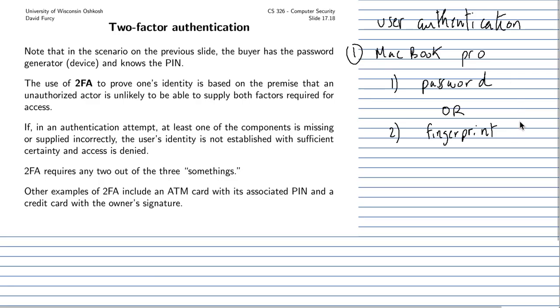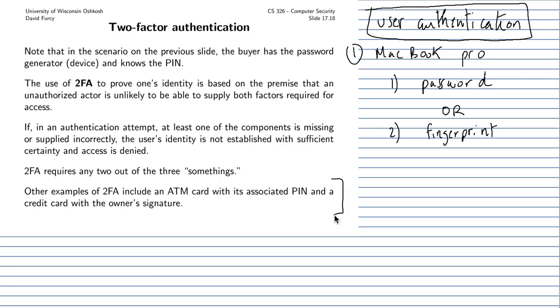A typical example of this approach is an ATM card. When you go to the ATM to, say, withdraw money, you both have to provide your PIN and you have to insert your ATM card into the machine.